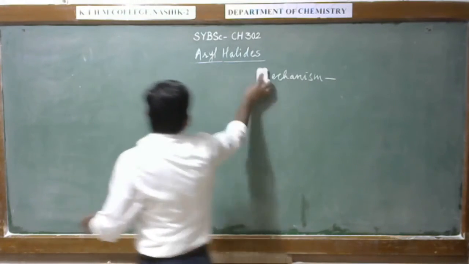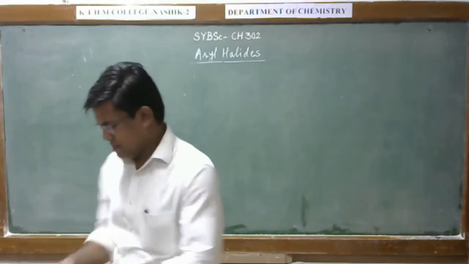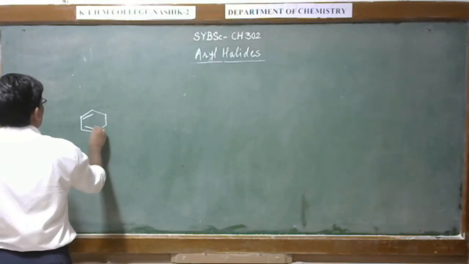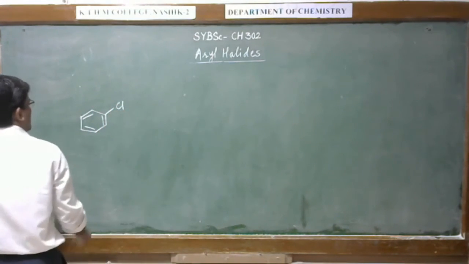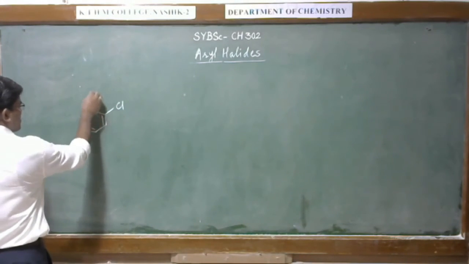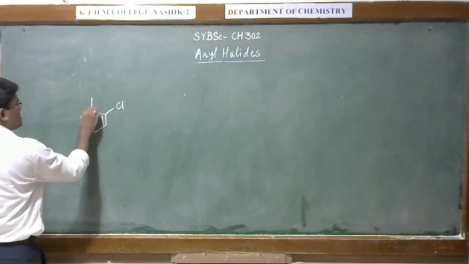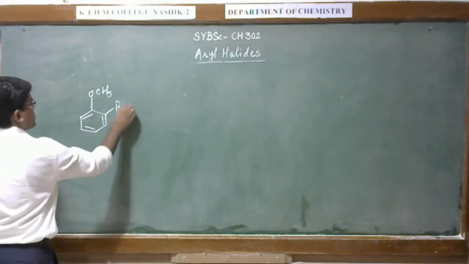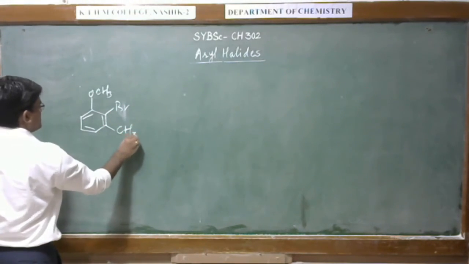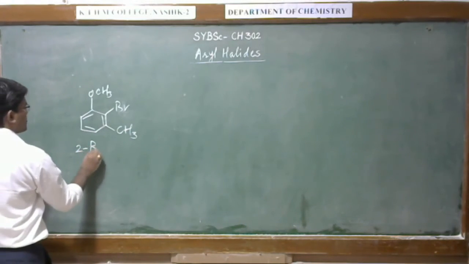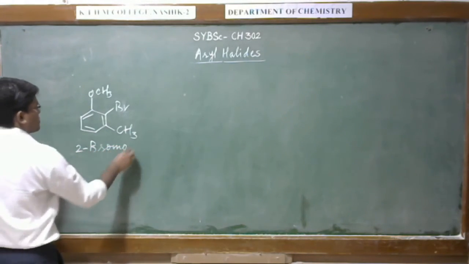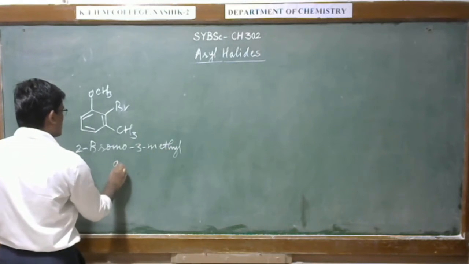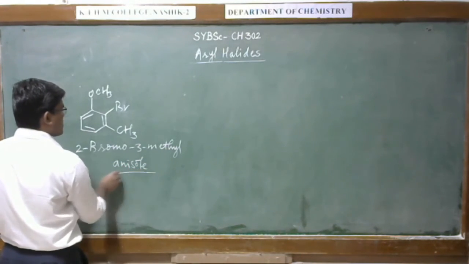Suppose you have this aryl halide, for example this chlorobenzene, with substituents at both the ortho positions, for example 2-bromo-3-methylanisole.